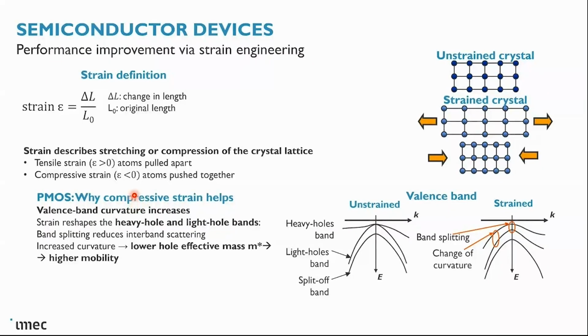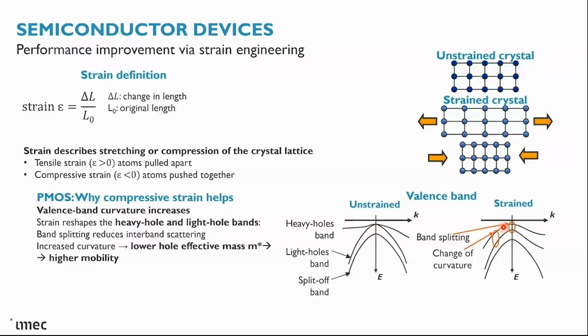So what does compressive strain do? The current in PMOS is driven by holes, and holes live in the valence band. If we look at the unstrained valence band, the heavy holes and light holes are very close in energy and interact.